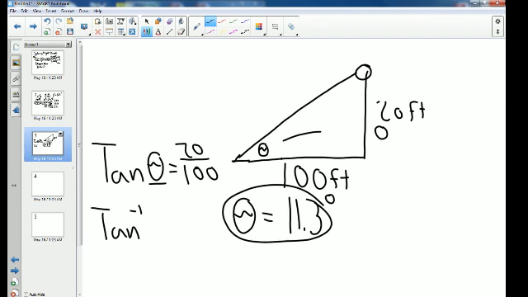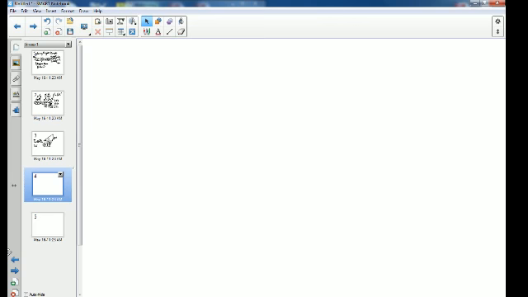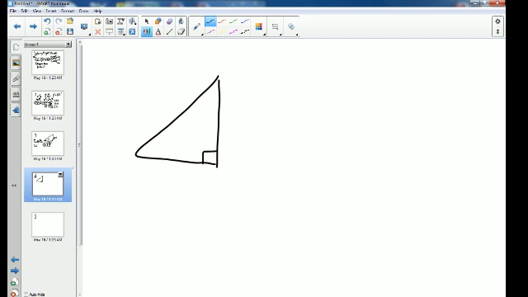And for our last problem, we are given this right triangle, and we are given the 90 degrees and then 33 degrees of this angle.